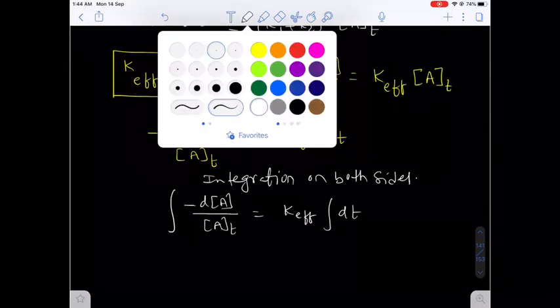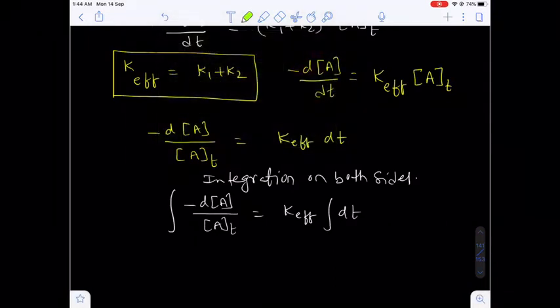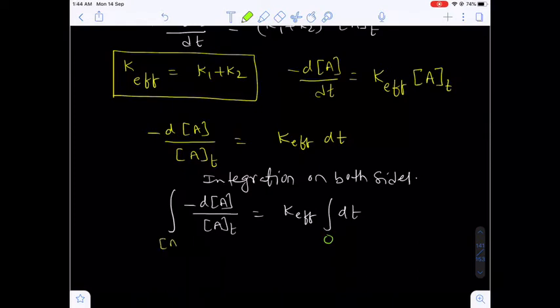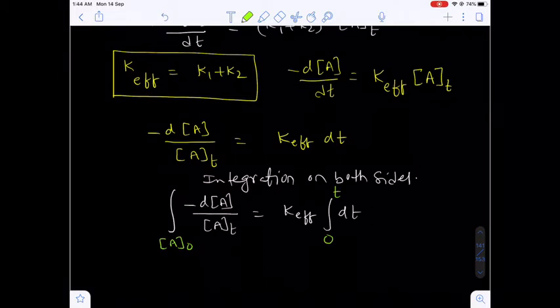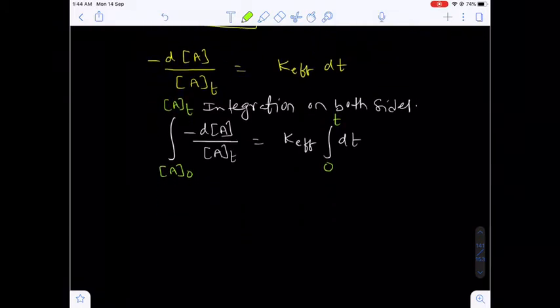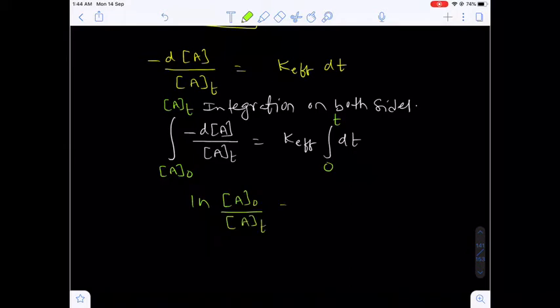Okay. Now what are the limits here? When the time is t equals 0, what is the concentration of reactant? A0. When the time reaches t, what is the concentration of reactant? That will be At. After integration, you will get ln A0, that is a natural logarithm, divided by At, which is equal to K effective into t.